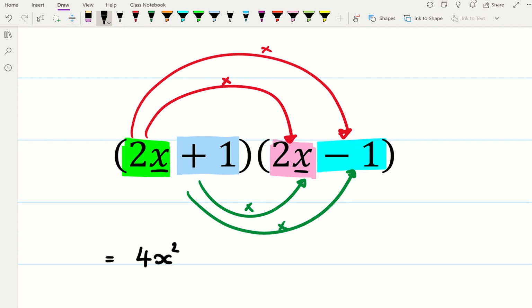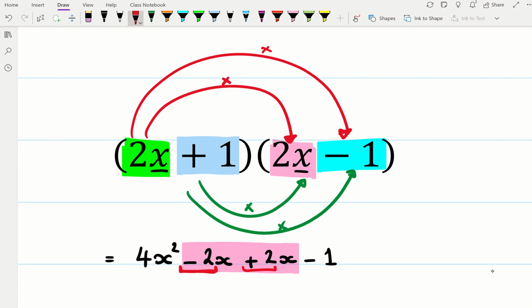2x times negative 1 is negative 2x. 1 times 2x is a positive 2x. 1 times negative 1 is negative 1. And I find my like terms, and I put them in my calculator exactly how I see them.